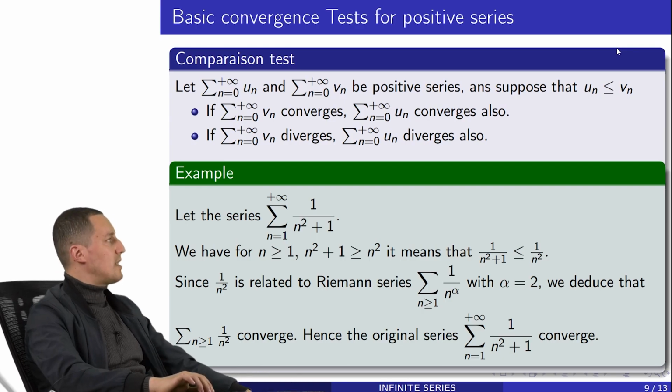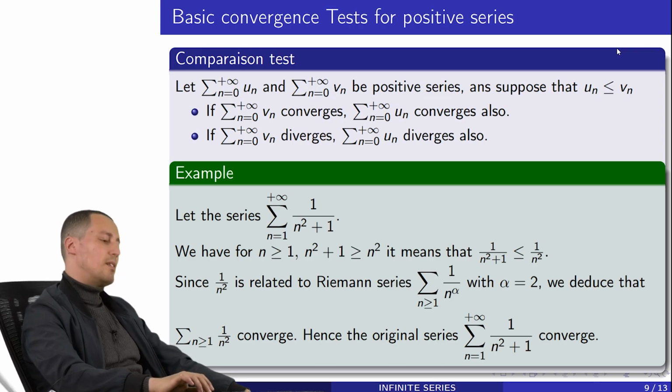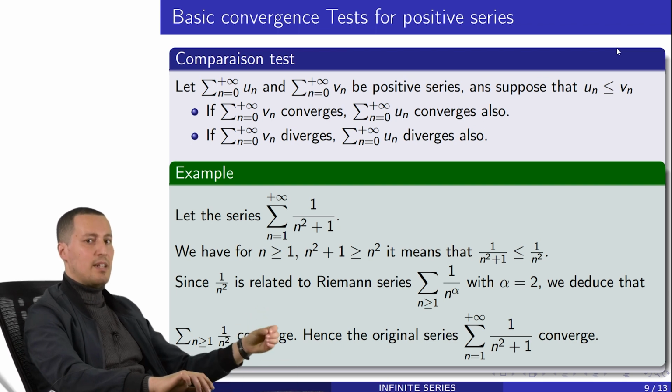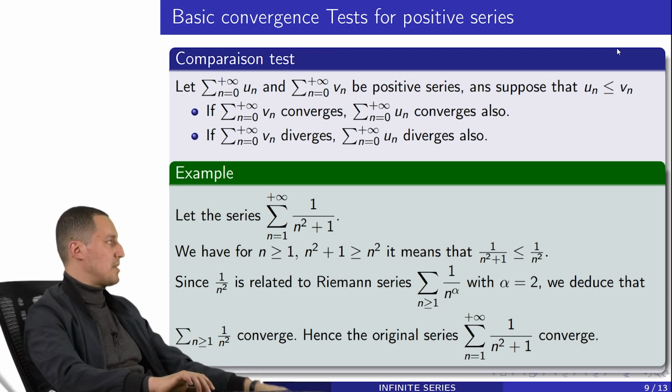So the inequality leads to some interesting results. The comparison test says that if u sub n is inferior to v sub n, and if v sub n converges, then u sub n converges.